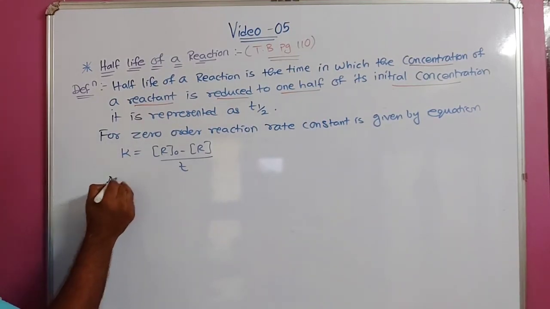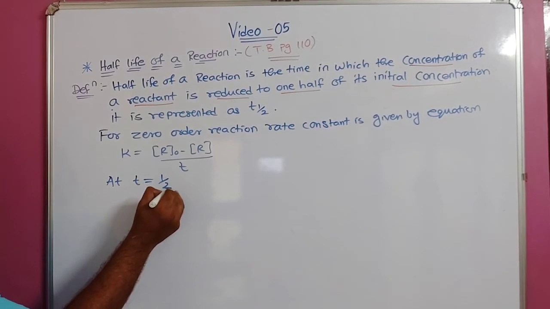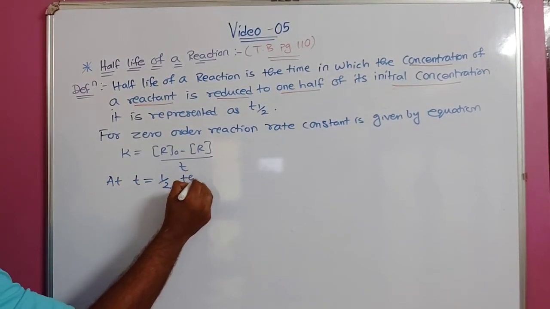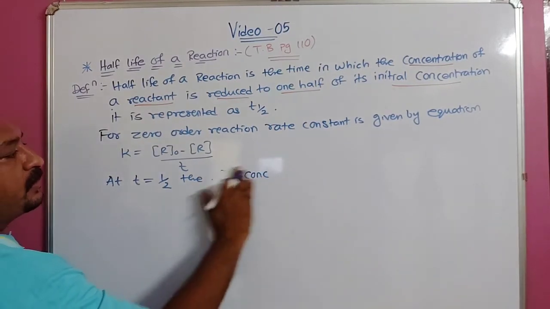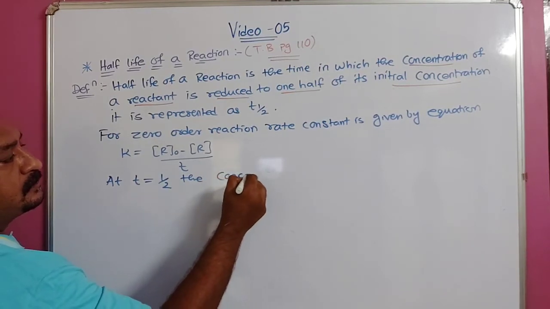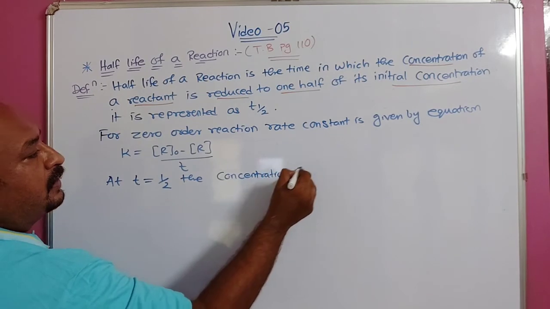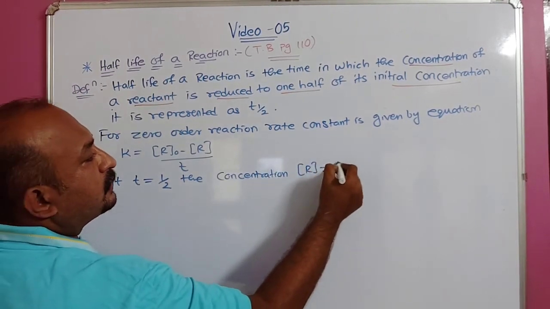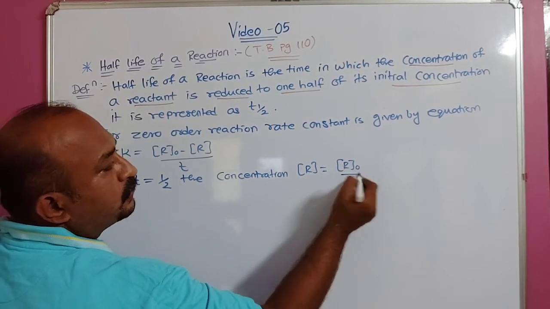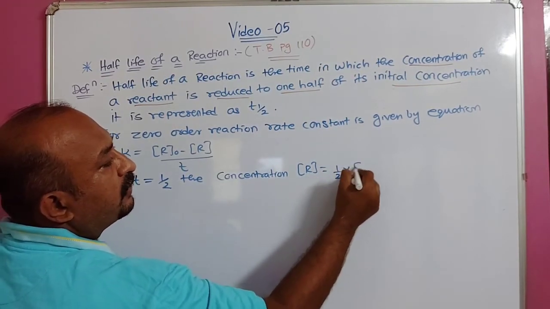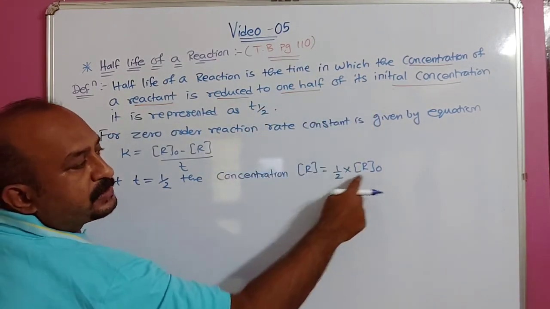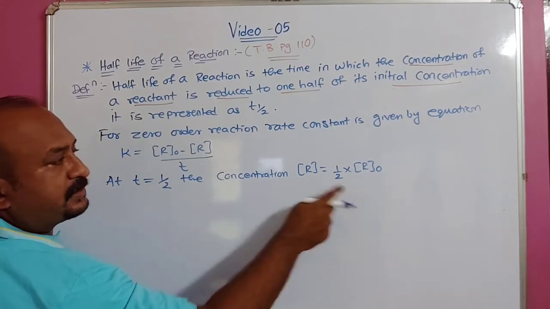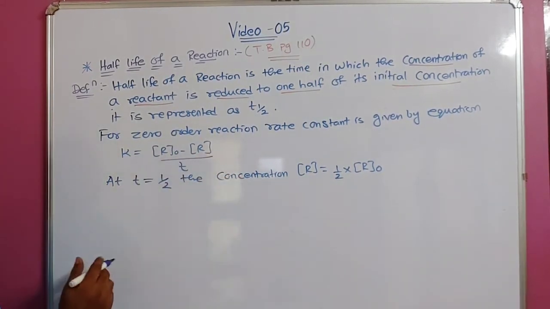So now suppose at T is equal to T half, the concentration R is equal to R0 by 2, becomes half, 1/2 of R0, because it is 1/2 of its initial concentration. The concentration R will be 1/2 of R0.